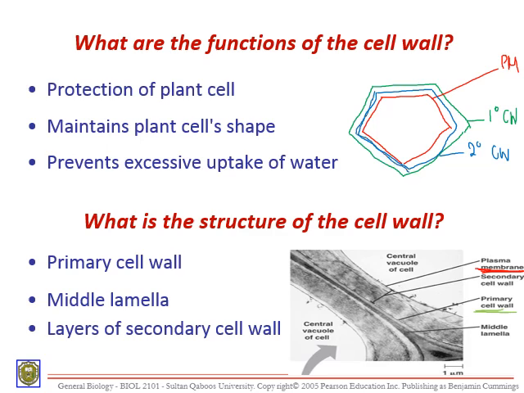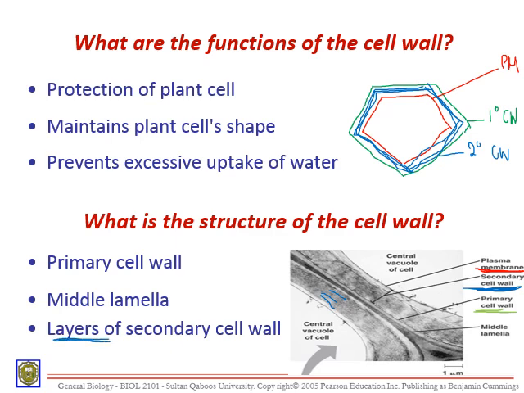So this is a second layer of secondary cell wall, and this is a third layer of secondary cell wall. As it grows older, it produces additional layers of a secondary cell wall. Okay, so that's secondary cell wall. Here you can see that it's made up of layers. Can you see these lines here? Okay, so it's made up of layers of secondary cell wall.